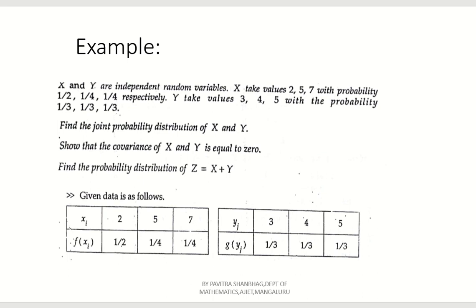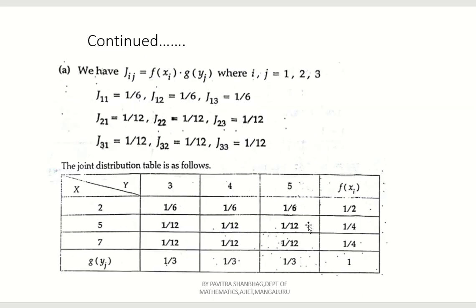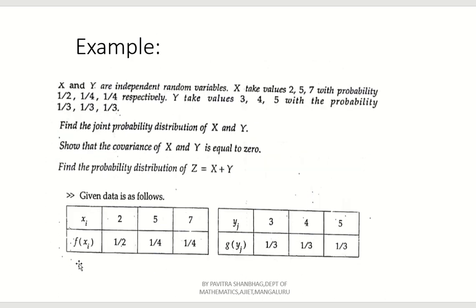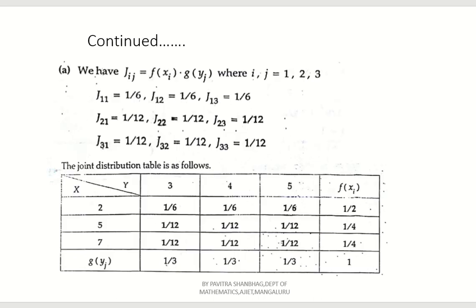Similarly, what is J31, J32, J33? That is f(x3) into g(y1), f(x3) into g(y2), f(x3) into g(y3). So 1 by 4 into 1 by 3, 1 by 4 into 1 by 3, 1 by 4 into 1 by 3. So 1 by 12, 1 by 12, 1 by 12 we will get. Add row wise and column wise. What will you get?